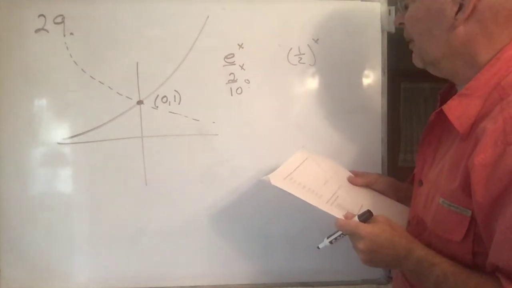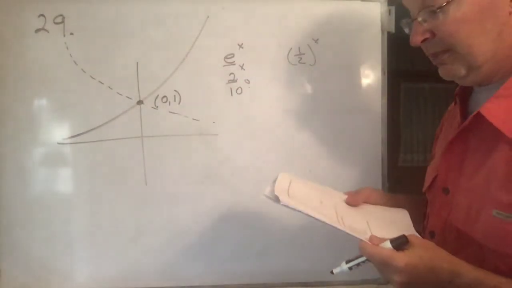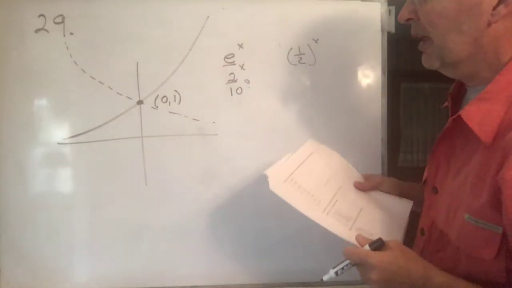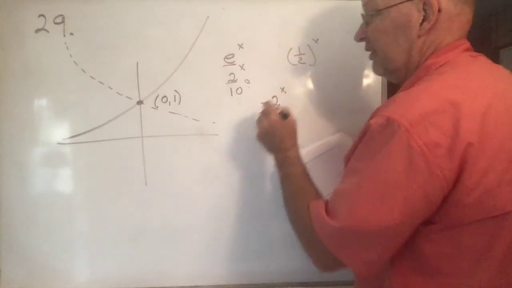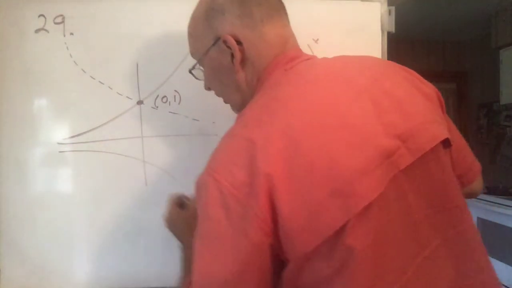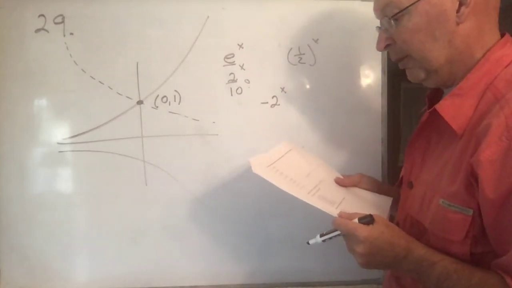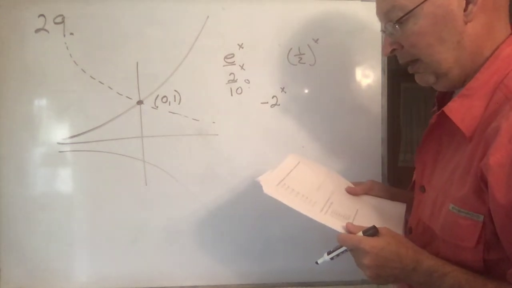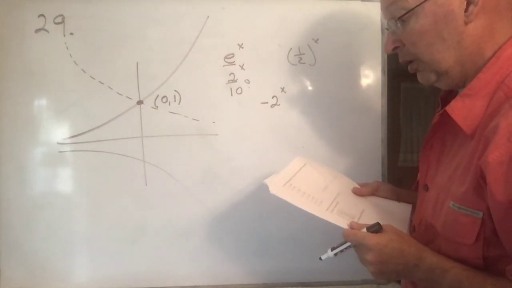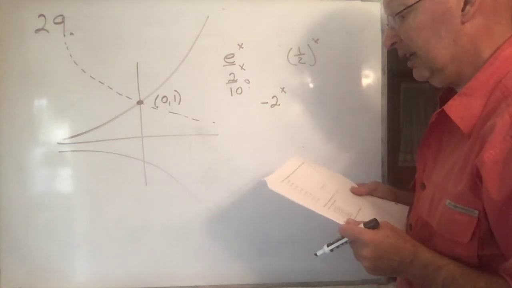C and D are not possibilities because those are numbers less than 1, so they're going to go down like this. E and F are not possibilities because if you take the negative of 2 to the x, it's going to be the same thing going down here. So that's no good. So things with negatives in front of them are no good. And so the two that look promising are A or B.